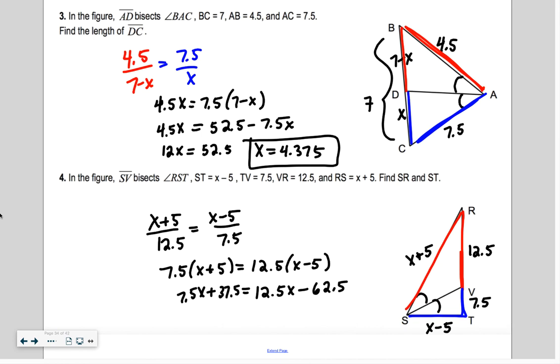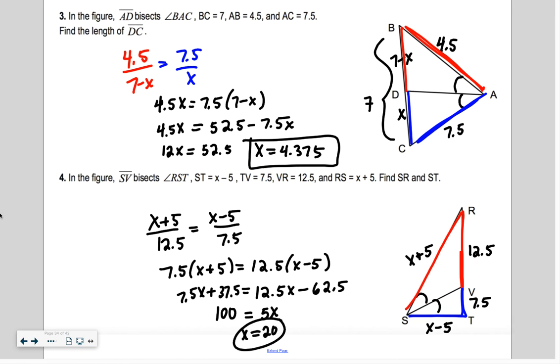So 7.5x plus 37.5 equals 12.5x minus 62.5. Then we're going to get everything on one side. So I'm going to subtract the 7.5x over, and I get 5x. And I'm going to add the 62.5 over, and I get 100. So I think x is equal to 20.